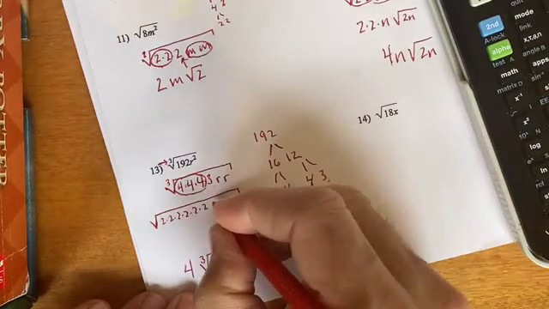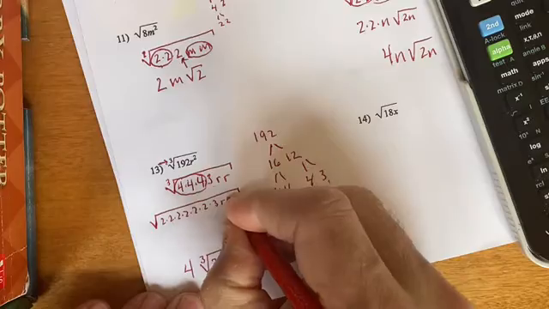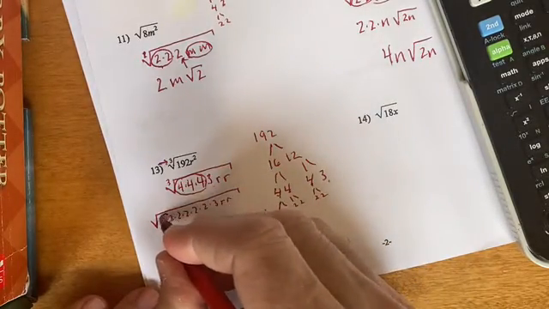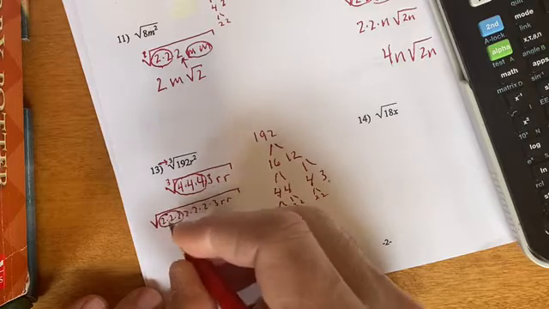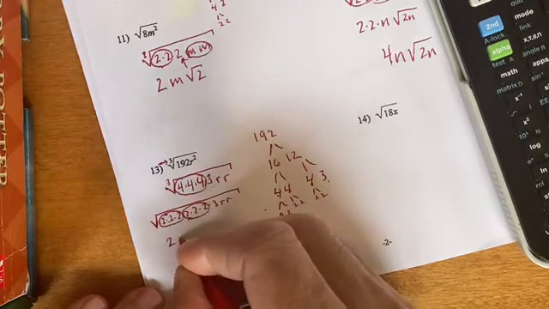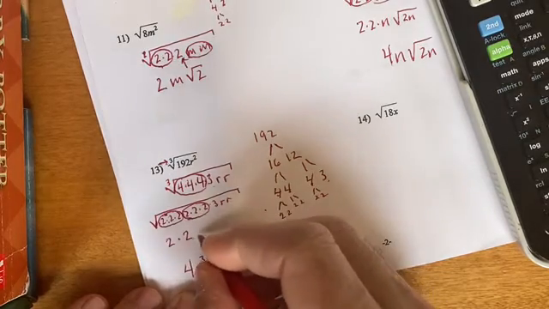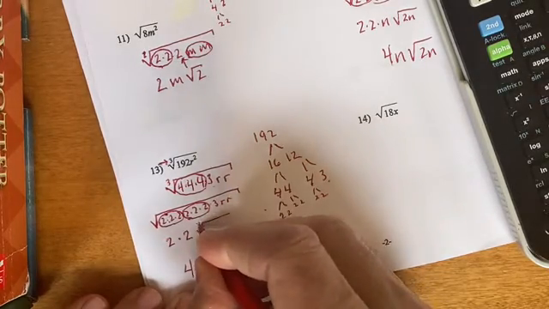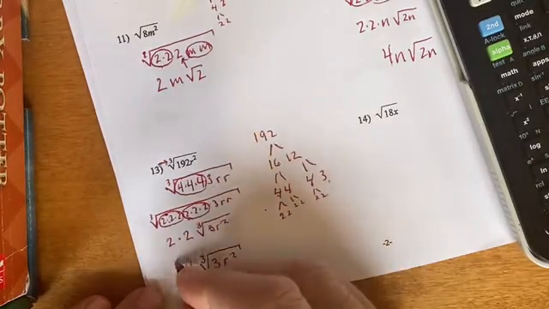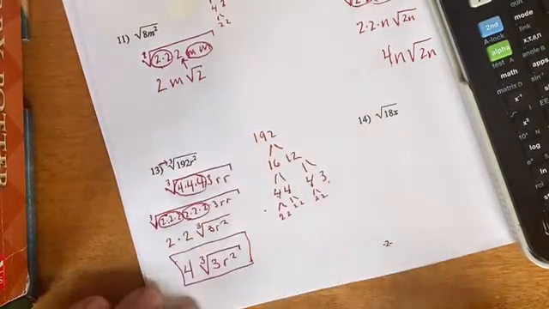There's 1 3, and there are 2 r's. And then for every 3 that are the same, 1 comes out. And the stuff left in is 3r squared. So anyway, this is the answer.